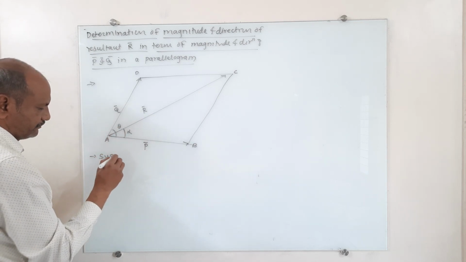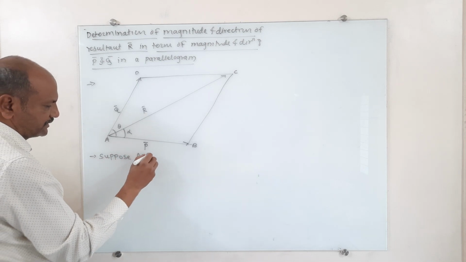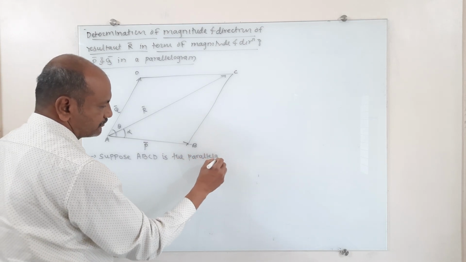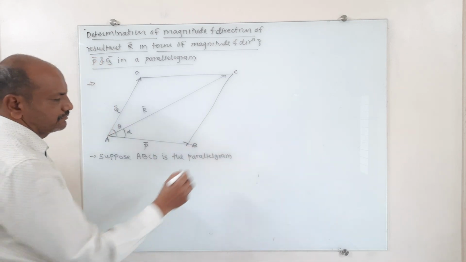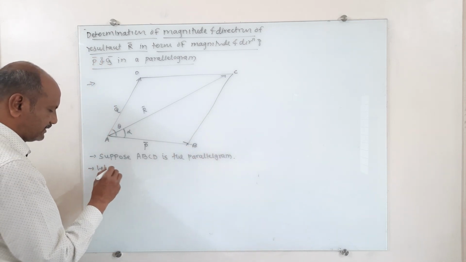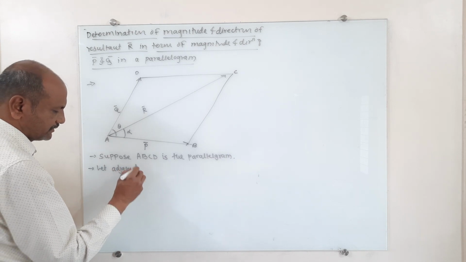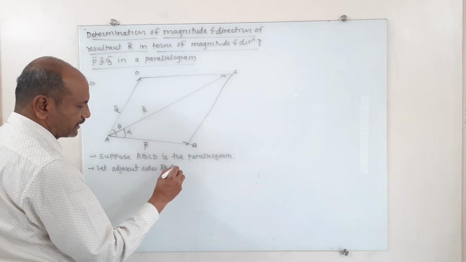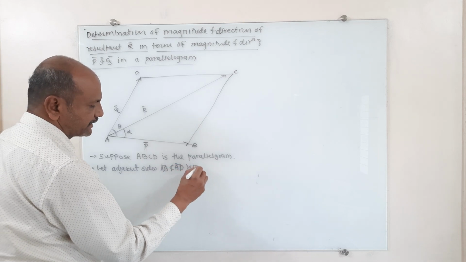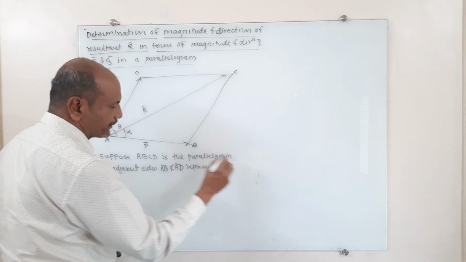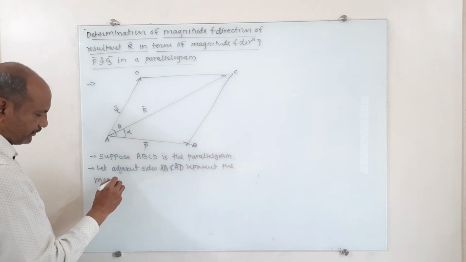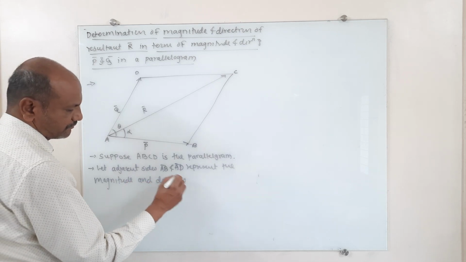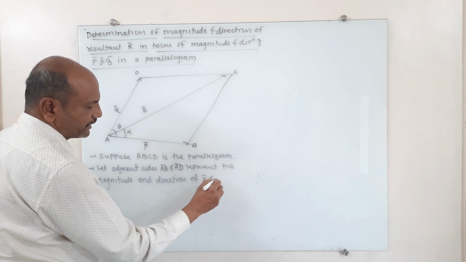Suppose ABCD is the parallelogram. Let adjacent sides AB bar and AD bar represent the magnitude and direction of P bar and Q bar.